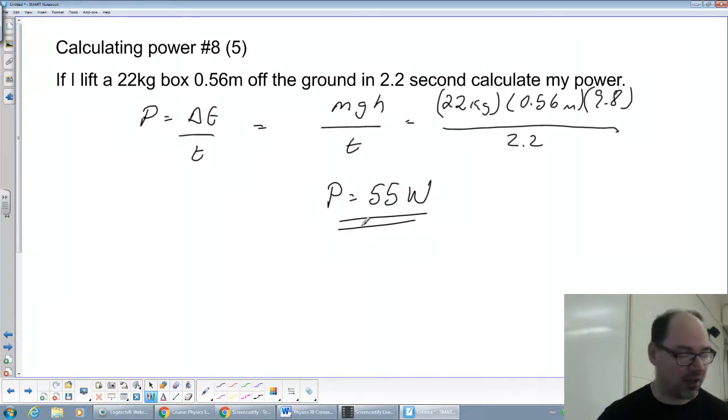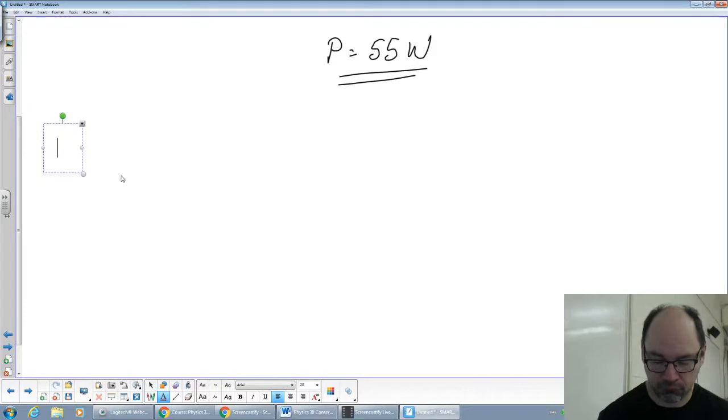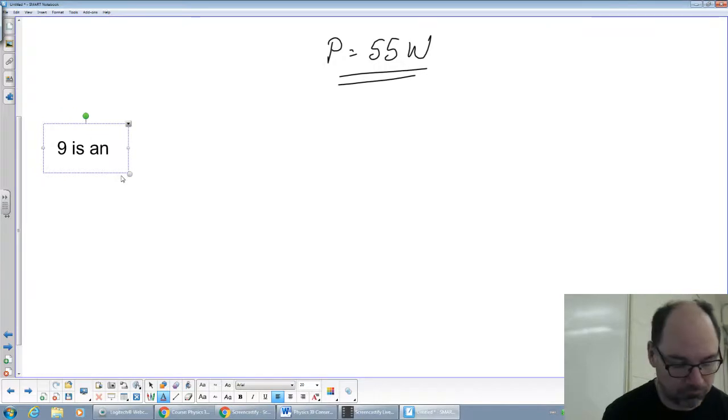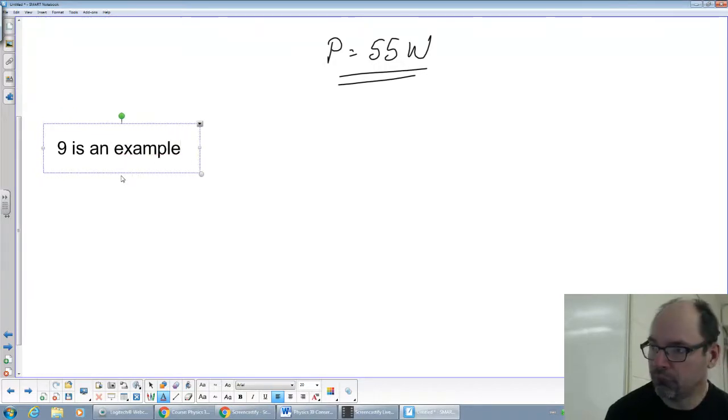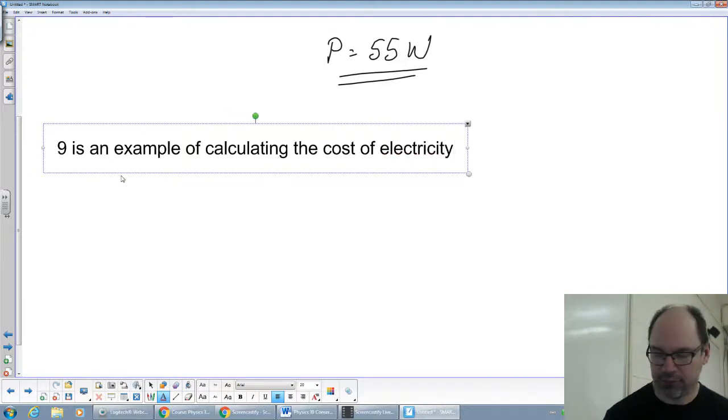And the last one, number 9, is calculating the cost of electricity.